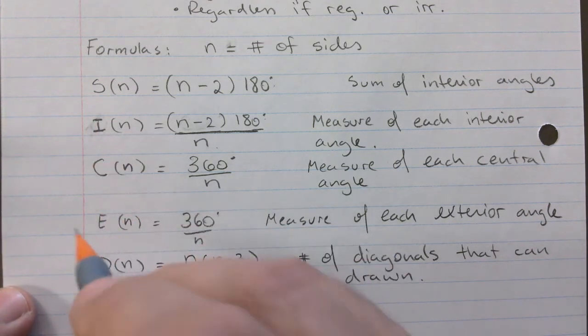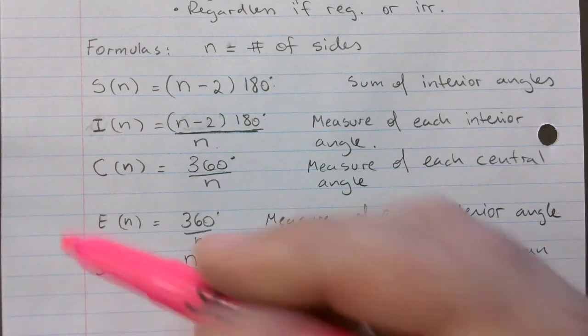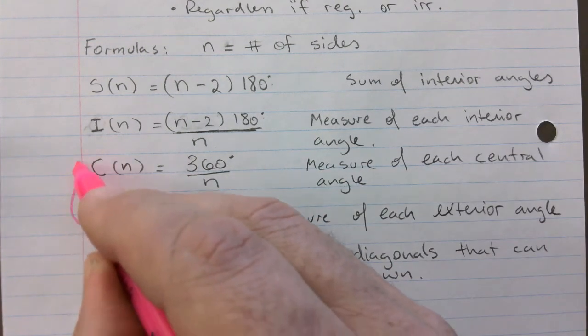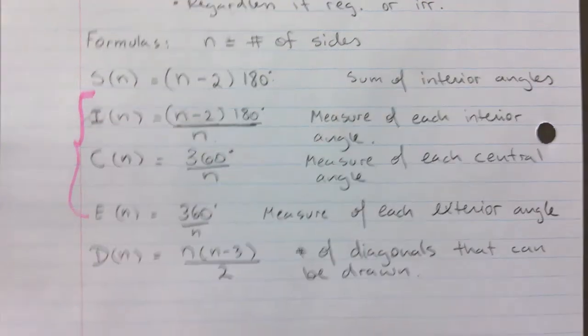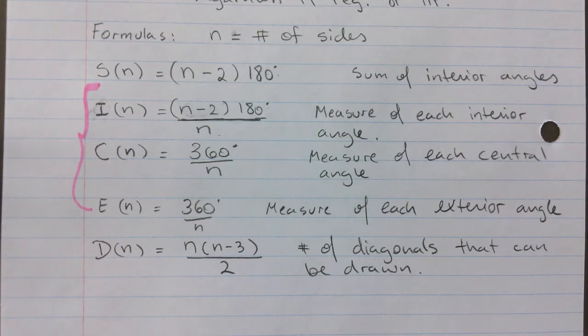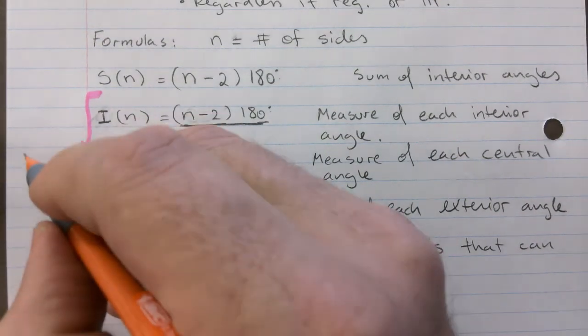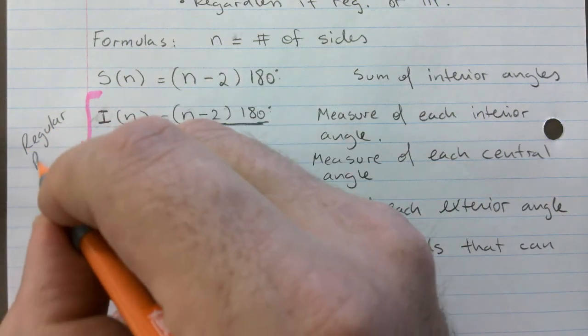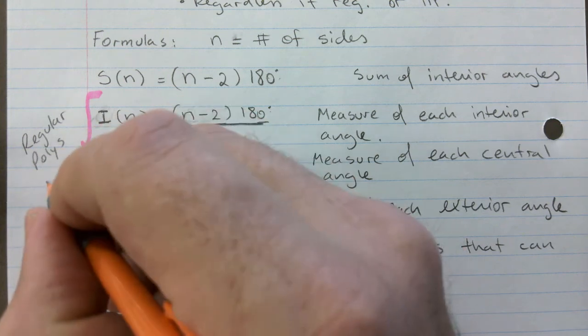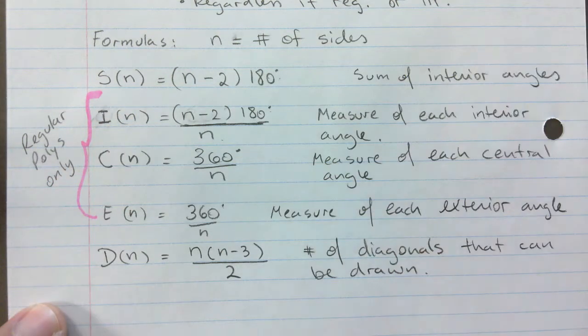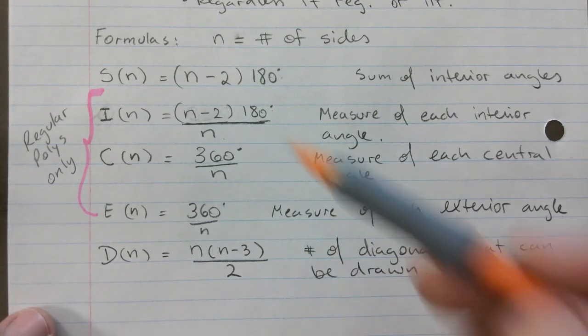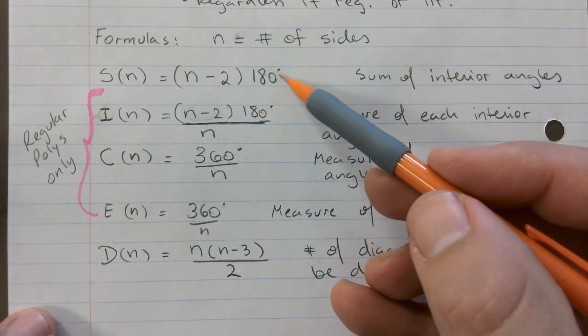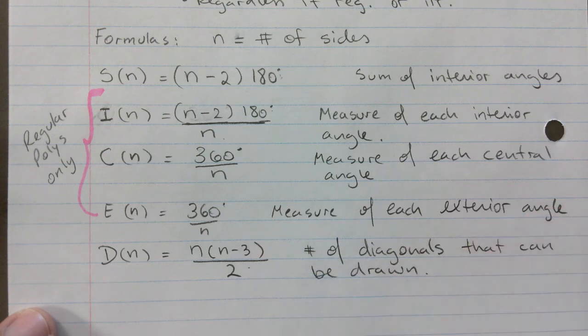I in the middle here is only going to work for you if it's a regular polygon. Regular polygons only. So that means that this one always works, and the last one always works as well.